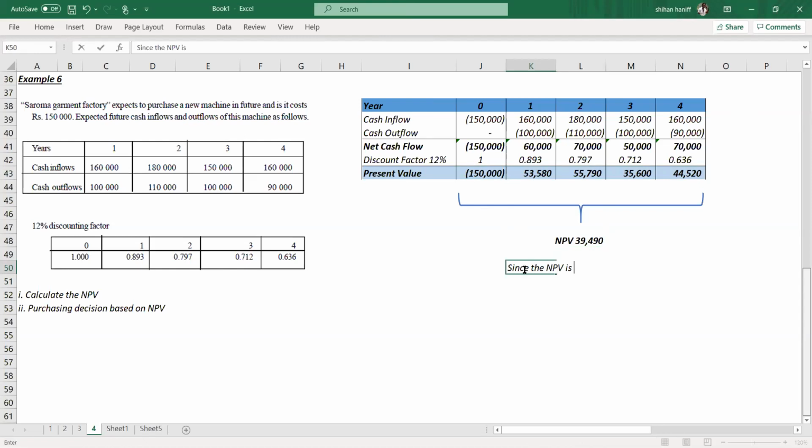Since the NPV is positive, the project will be accepted. So think positive, be accept.